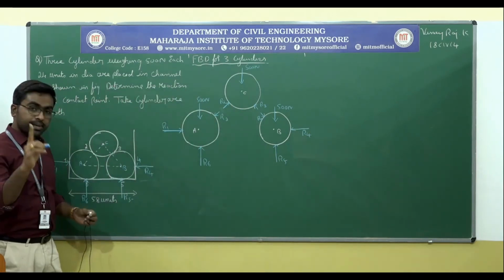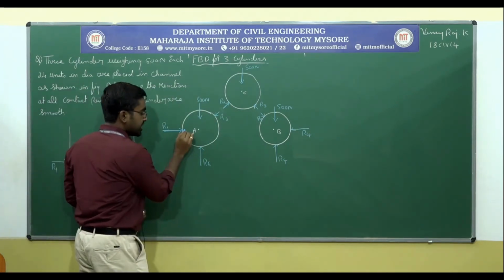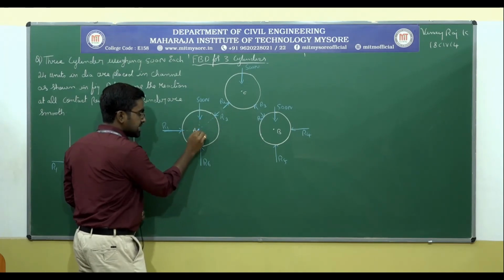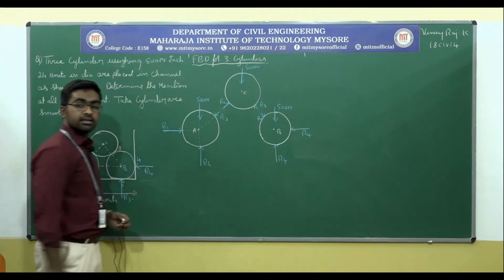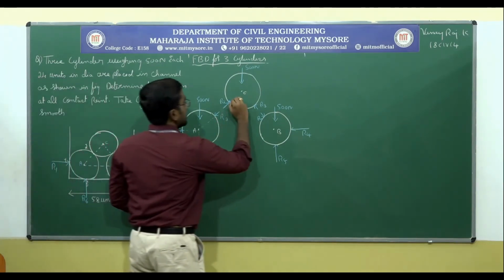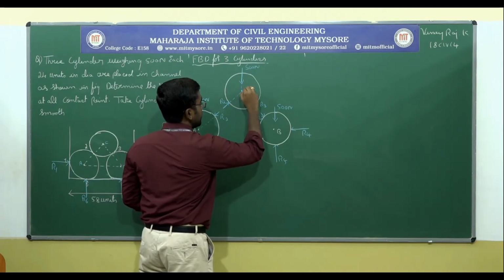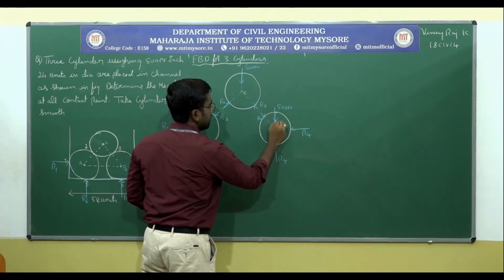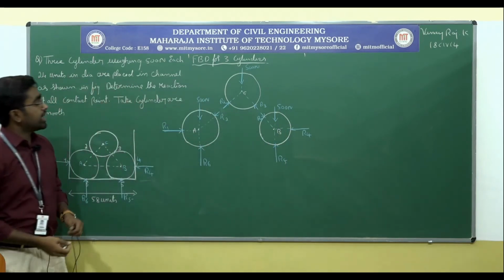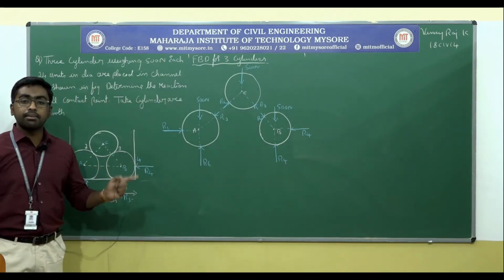See, the most important point is that the line of action of all the reactions and the self weight should be passing through the center like this. This is most important, right? So this is how you need to mention the line of action. So I have drawn the free body diagram considering 3 cylinders simultaneously.